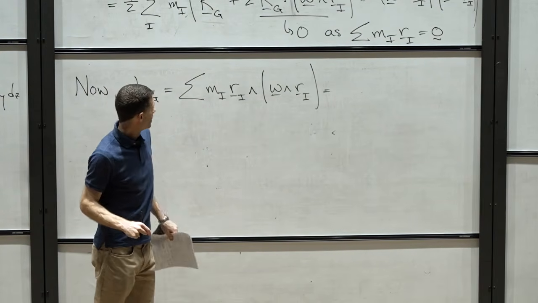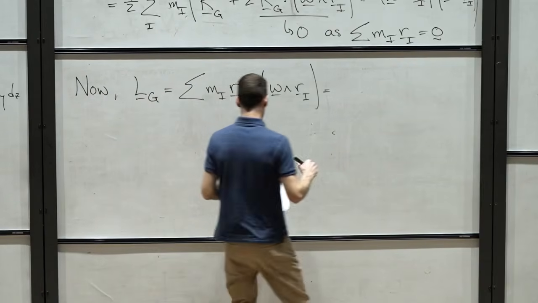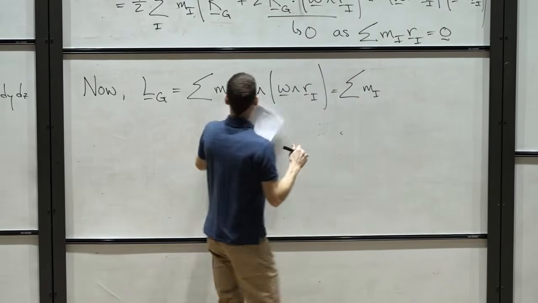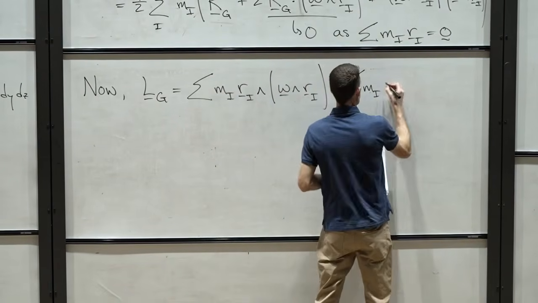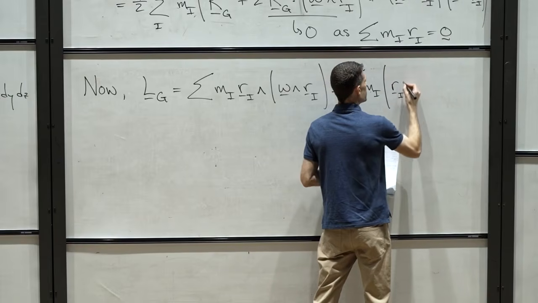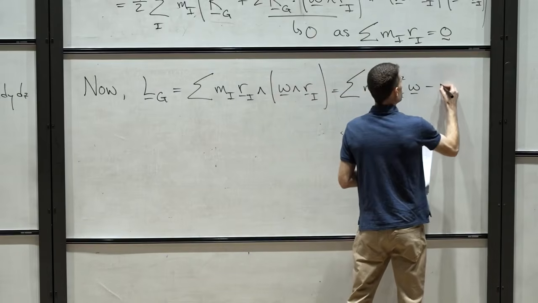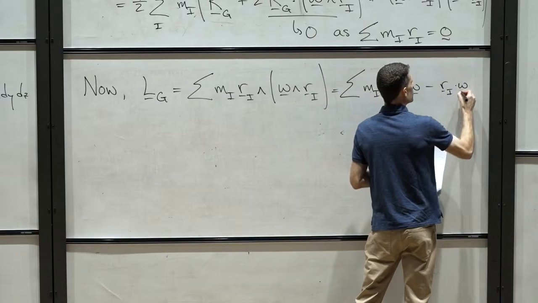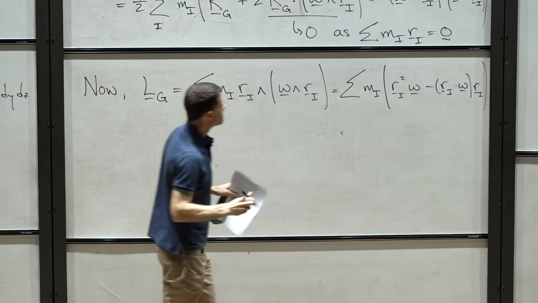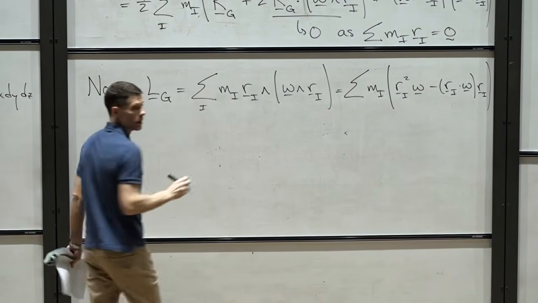And what I'm going to do now is write that vector triple product using another identity from geometry, which is that that's the sum m_i of r_i dot r_i omega, so it's r_i squared omega minus r_i dot omega r_i. Again, sum over i.